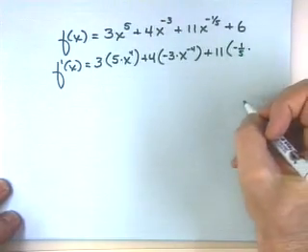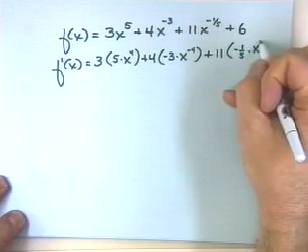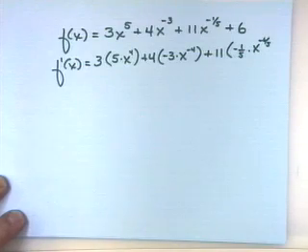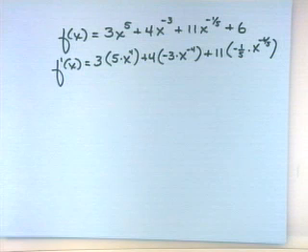Negative 1/5 x to the negative 6/5, right? 1 degree less. And the derivative of 6, oh, I didn't leave any space for that one. Luckily, it doesn't need any space, right? The derivative of 6 is 0. It's a constant. Derivative of a constant is 0.